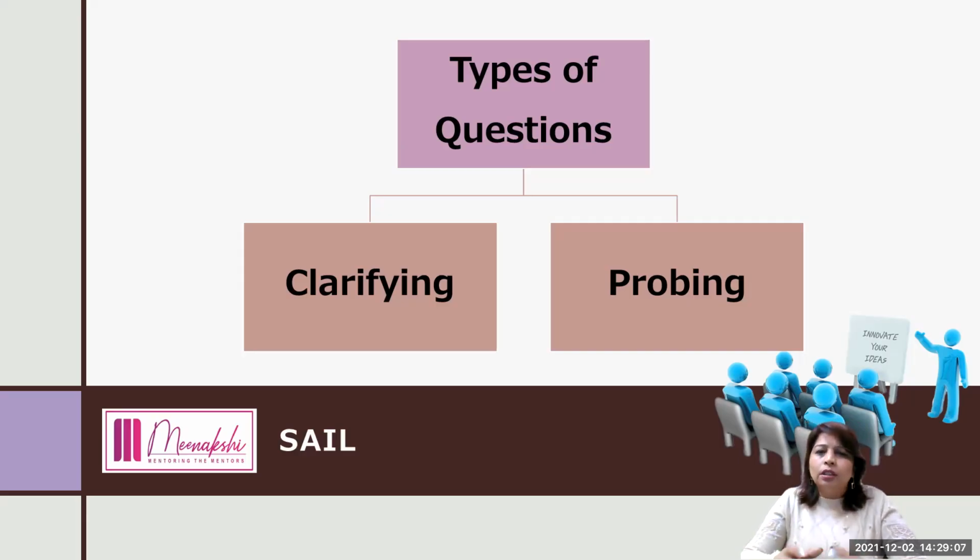Clarifying questions do not take much thought to answer, and they can typically be responded to in a few words. For instance, if I ask a question like, have you ever integrated your subject with another subject earlier? Have you done any art integrated project? So it can be yes, no, or maybe sharing some instances, right?